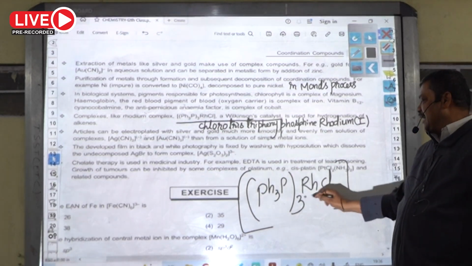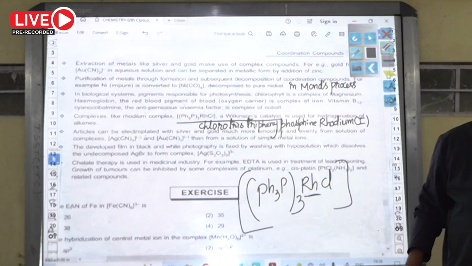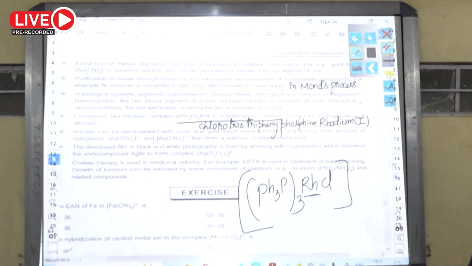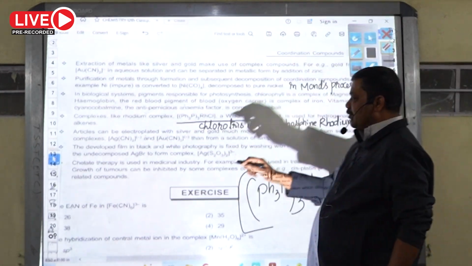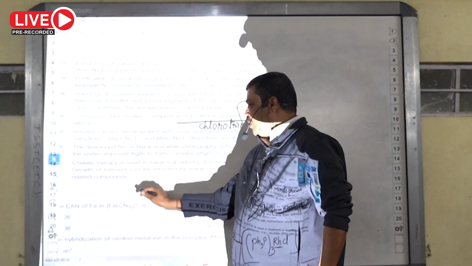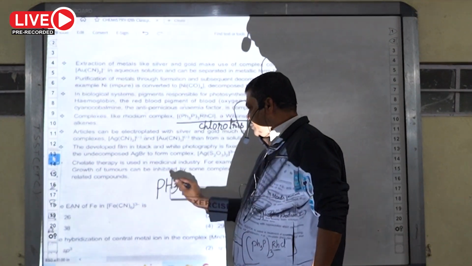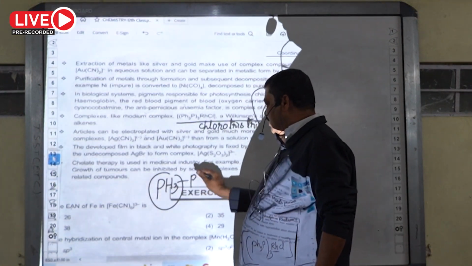So what are the ligands linked to rhodium? One chlorine ligand and triphenylphosphine. What is triphenylphosphine? PH3 is phosphine.